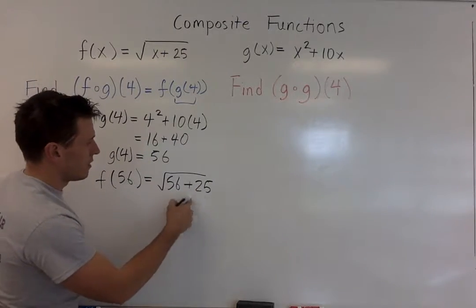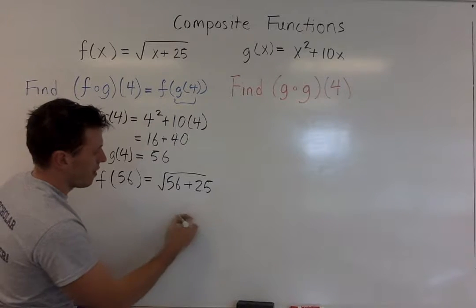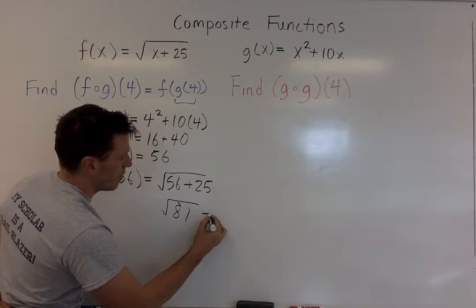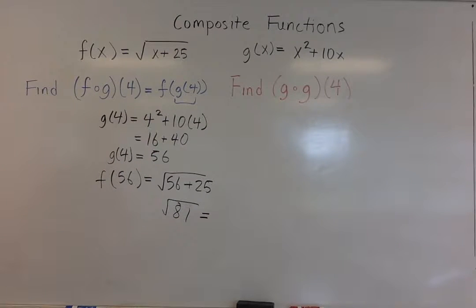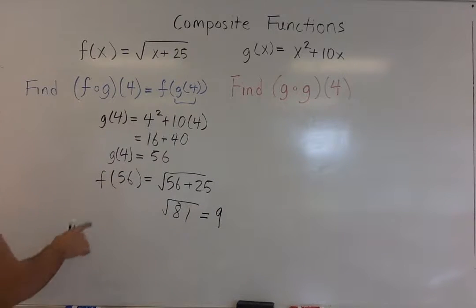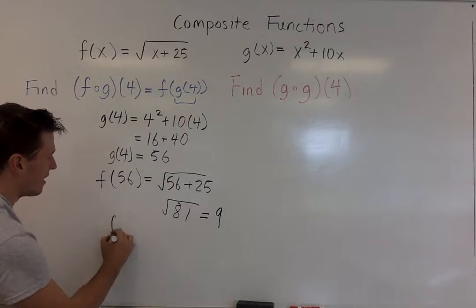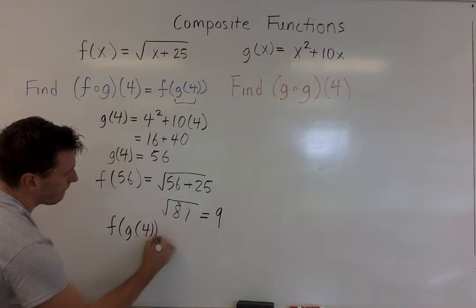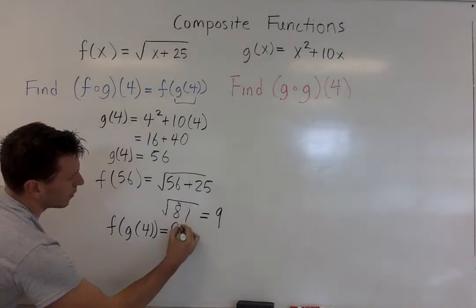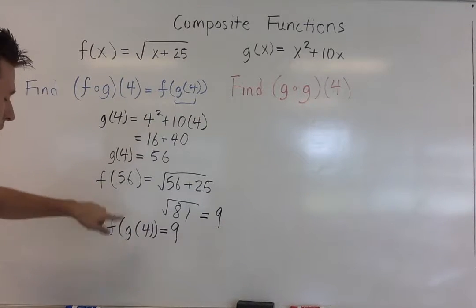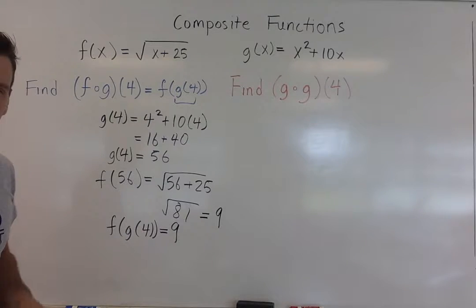Think 6 and 5, I'm going to end up with 1, 5 and 2 is 7, 81, which means that my output will be 9. So if f of 56 is 9, then what that means, f of g of 4 is equal to 9. Because g of 4 was 56, and so f of 56 is that 9.